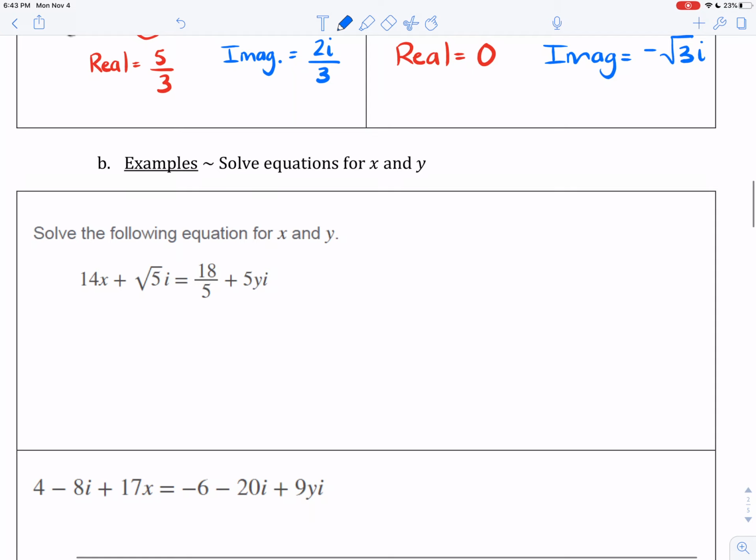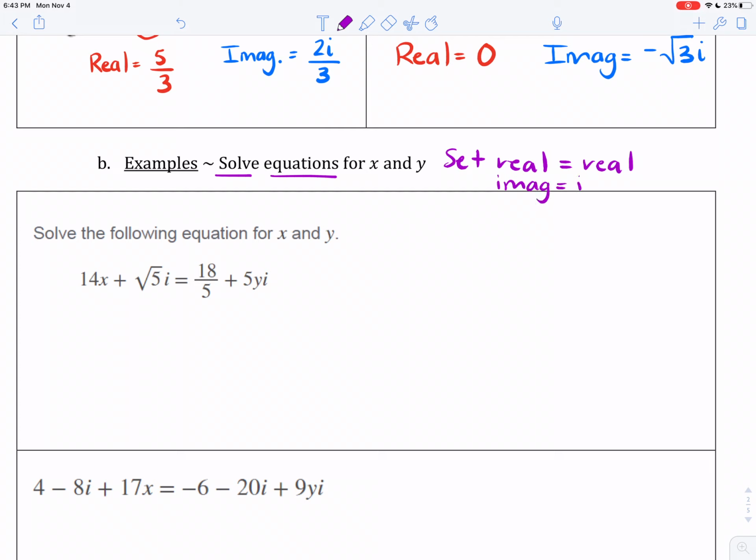So anytime I want to solve an equation, I'm going to set the real parts equal to each other, and I'm going to set the imaginary parts equal to each other, and then I'm going to solve for my variables.